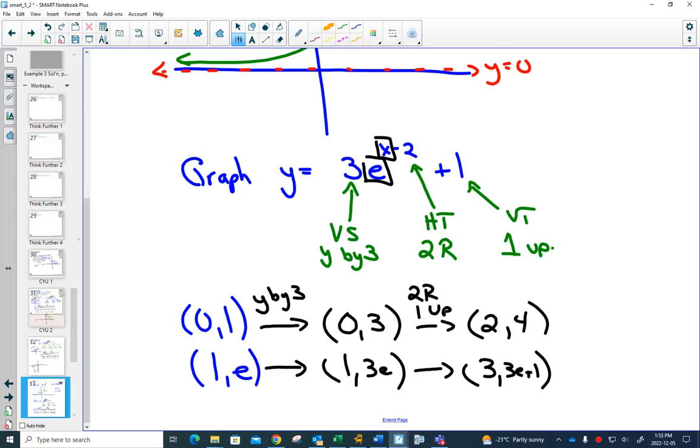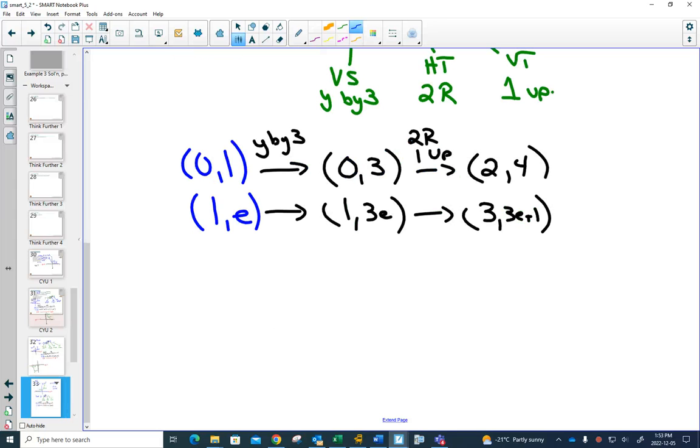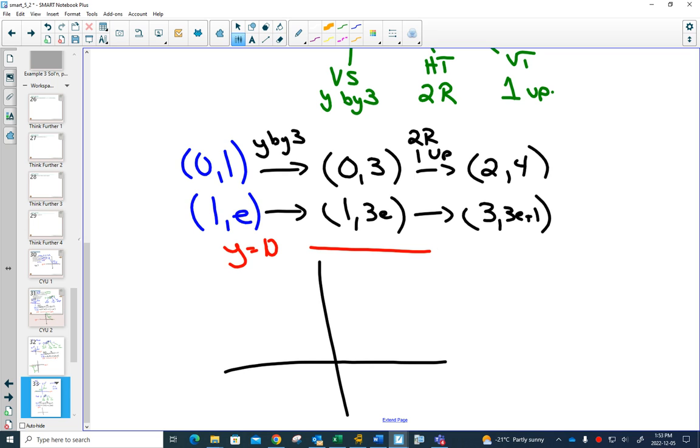Now, graphing this. Oh, we should also look at what's going to happen to our asymptote, which is at y equals 0. You're moving 1 up. It's going to be at y equals 1. We'll draw our asymptote in at y equals 1. 2, 4 is easy to plot. 3, 3e plus 1.